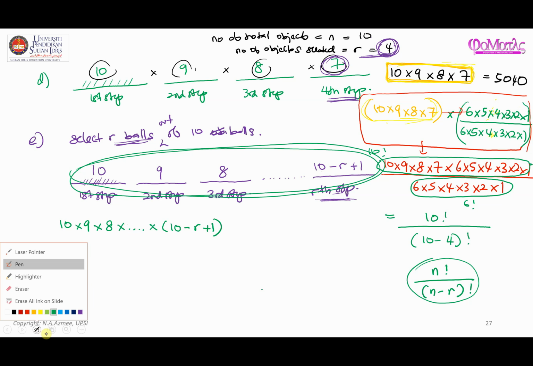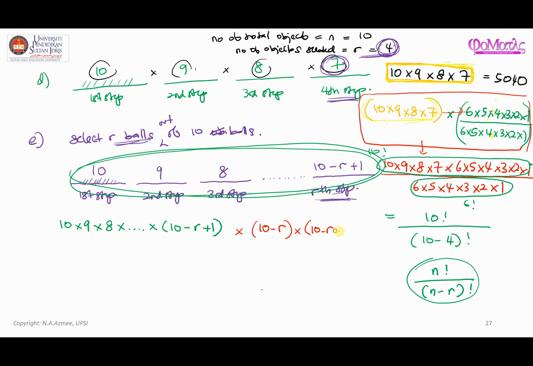Now what I'm going to do is introduce a term that is going to be multiplied with 10 minus r, and then after that it will be 10 minus r minus 1. So the term keeps on reducing, right? And so on until 2 and 1.